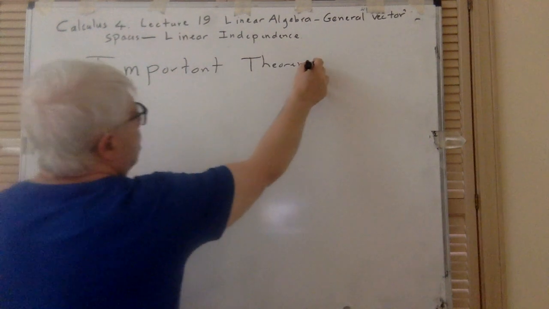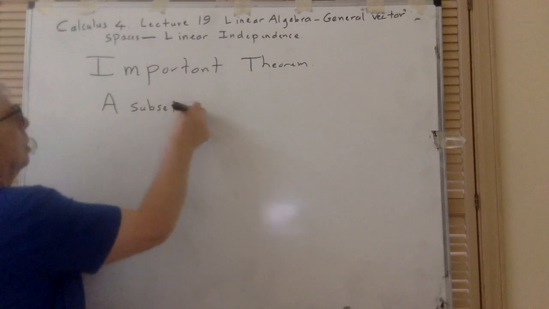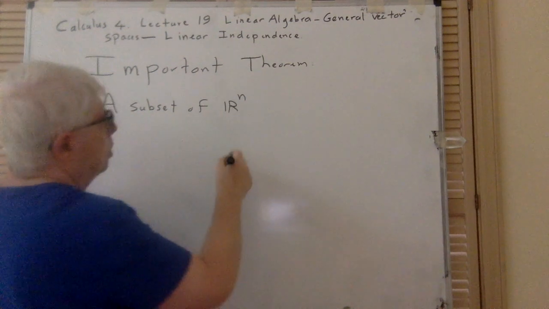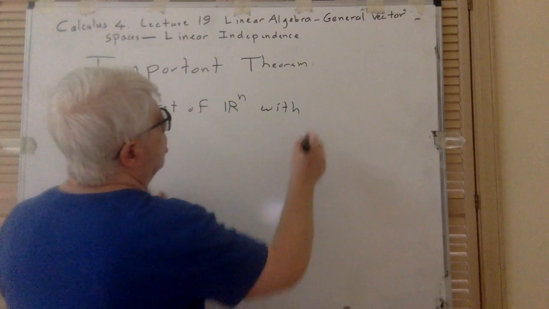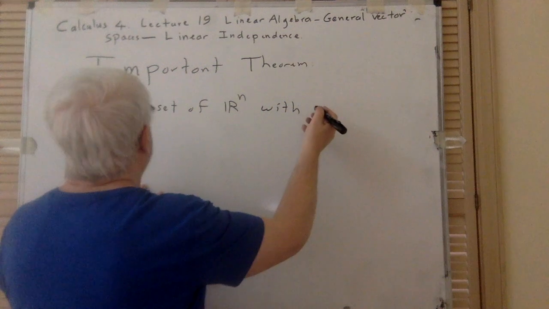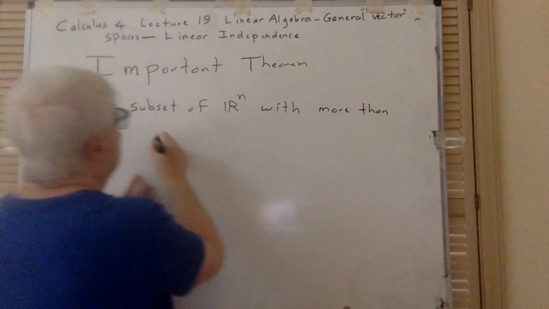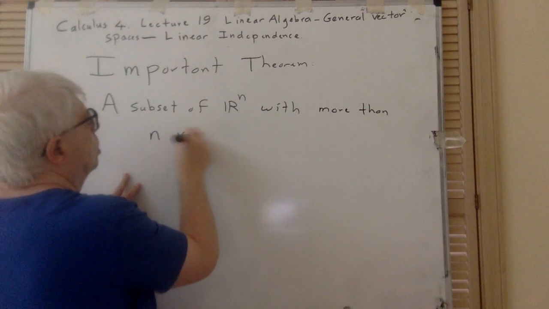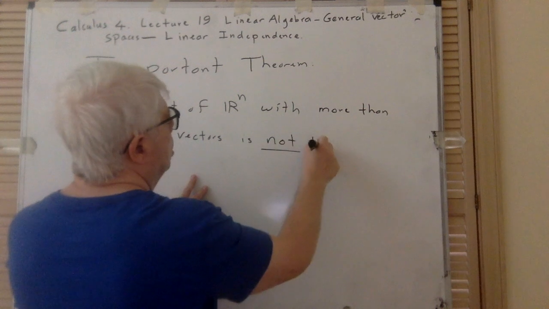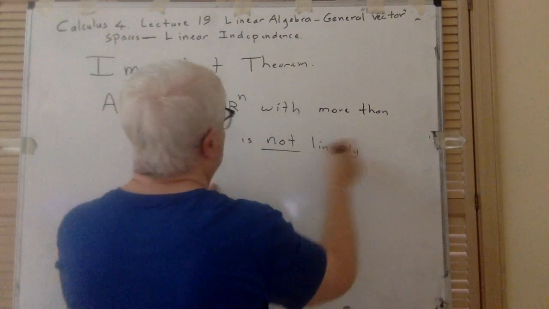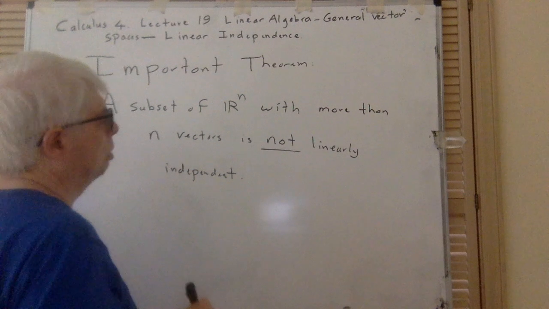A subset of Rn with more than n vectors is not linearly independent. This is crucial.